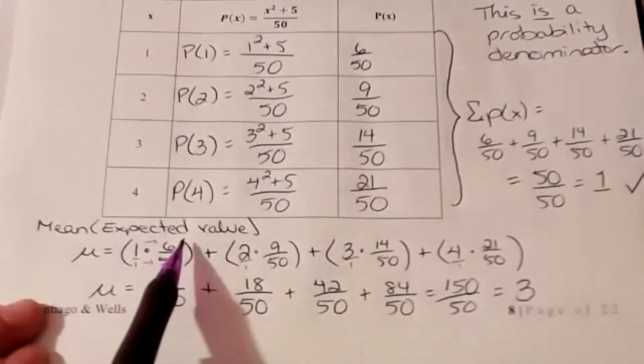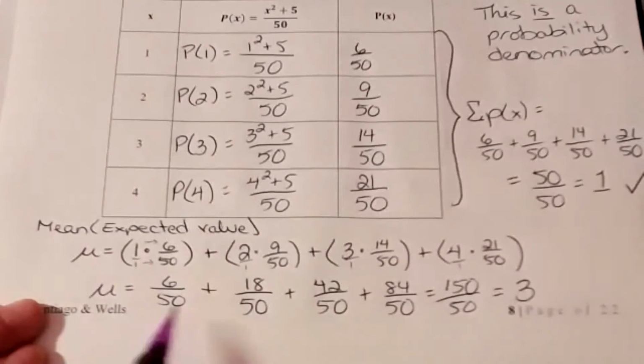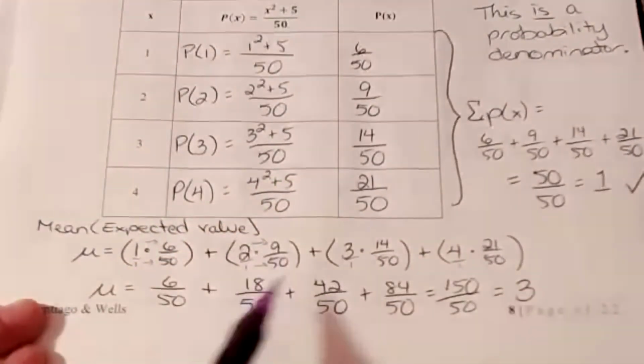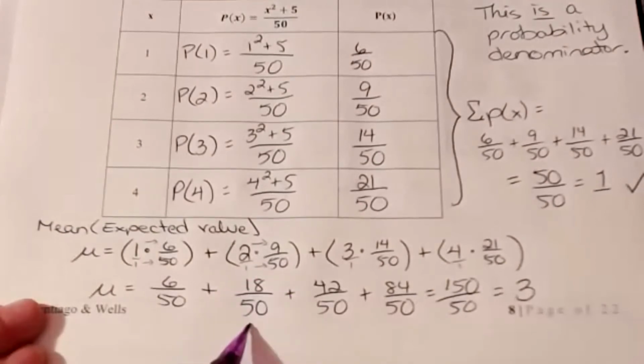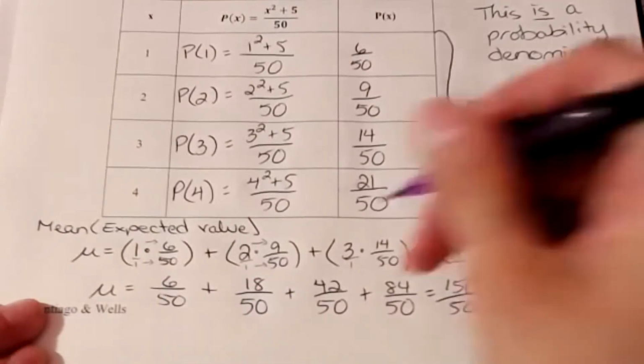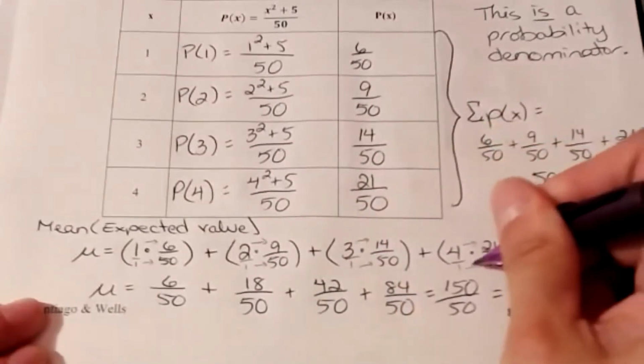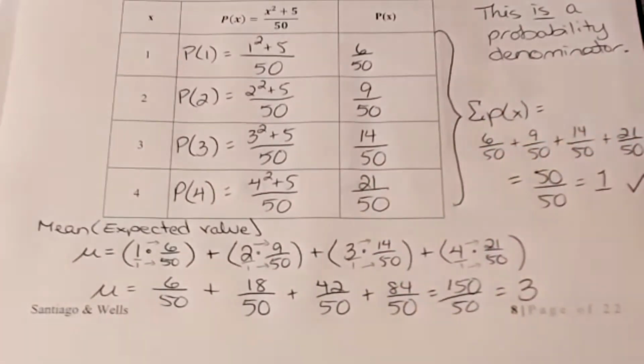So notice we have 1 times 6, which is 6, 1 times 50, which is 50. And you do the same thing for each one. 2 times 9 is 18, 1 times 50 is 50. Does that help? Yeah. Score. Beautiful. So you just go left to right. Very, very nice.